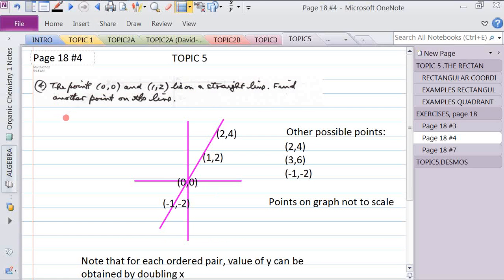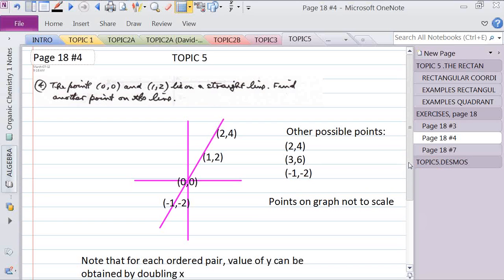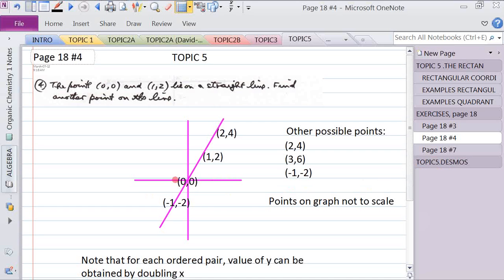Now, in this problem, we're told that the points 0, 0 and 1, 2 lie in a straight line. Find another point on the line. Well, there's a lot of answers here. We'll try and make it simple. But if you see, here's the point 0, 0, and here's the point 1, 2.